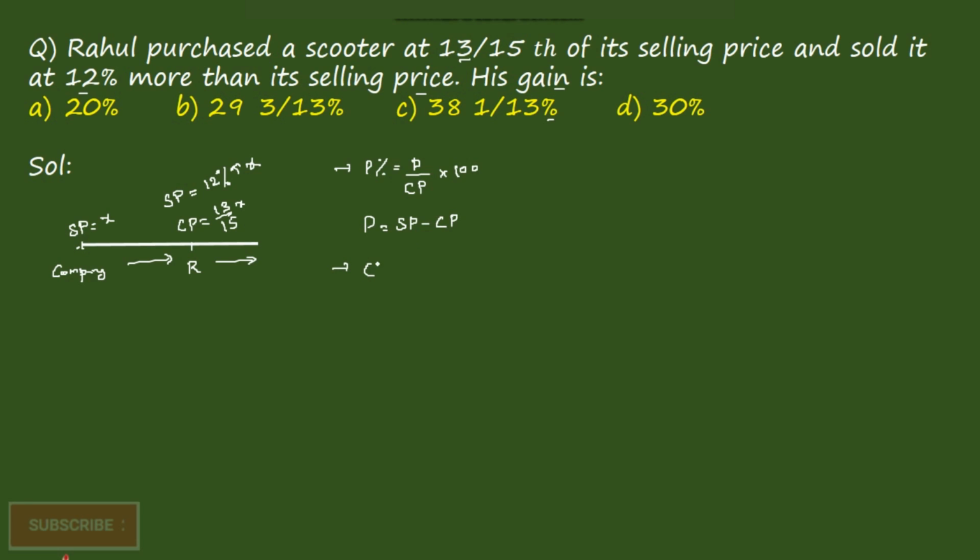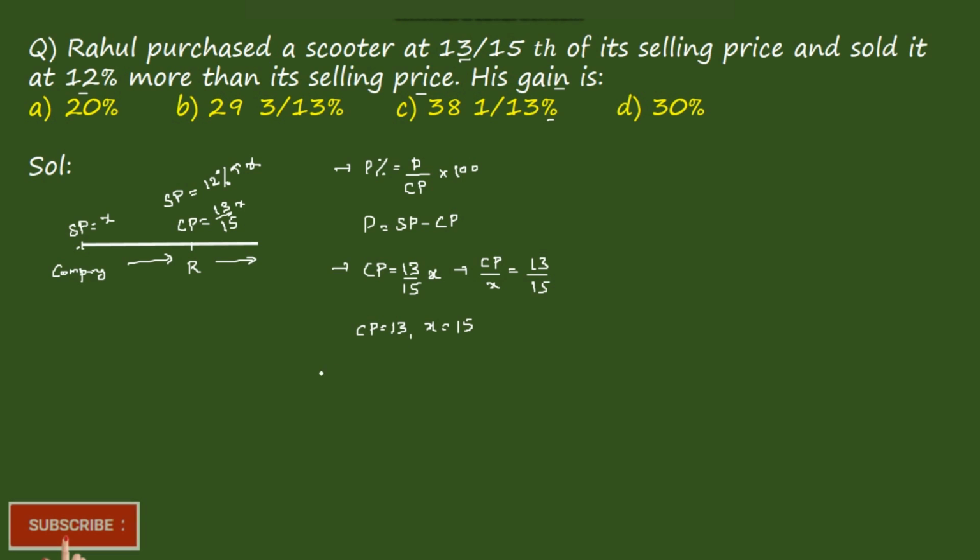First, if we consider the cost price, which is equal to nothing but 13 by 15X, right? We can write this one as nothing but cost price by X is equal to 13 by 15, right? If you consider the cost price is equal to 13, then X is equal to nothing but 15, right?